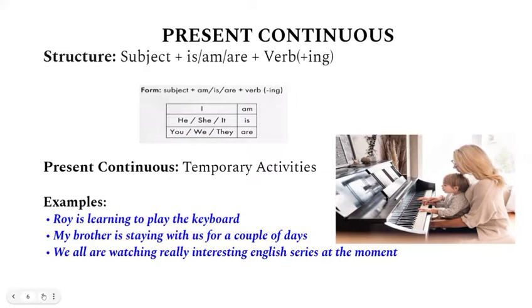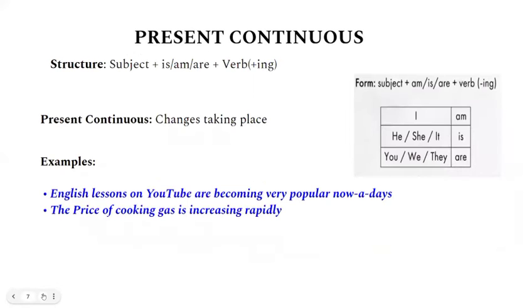Now let's get into the next, the third use of present continuous. The third use of present continuous is to talk about changes that are taking place. For example, English lessons on YouTube are becoming very popular nowadays. It means that the popularity of English lessons on YouTube is increasing.